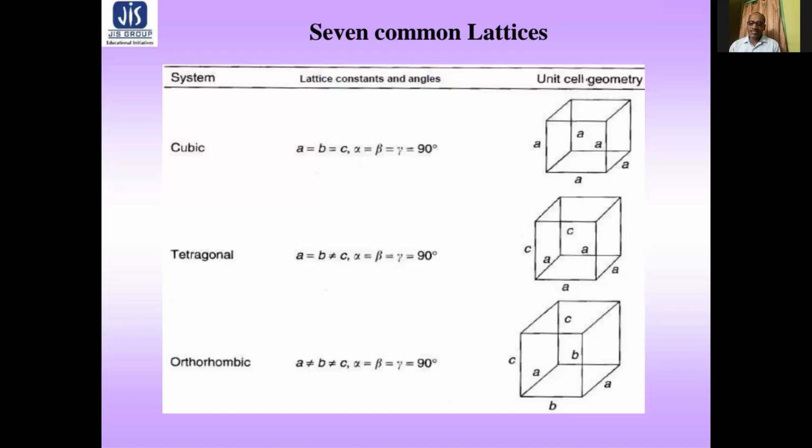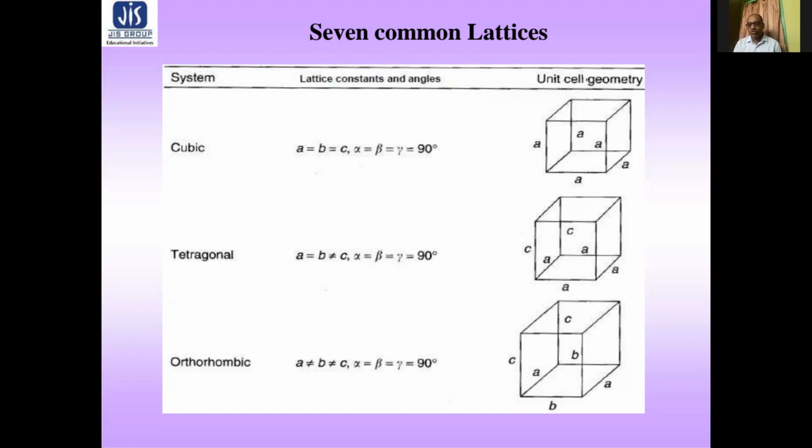These lattice axes are three lattice axes at right angles. The two axes are equal, that is A equal to B, and C is not equal to A and B.